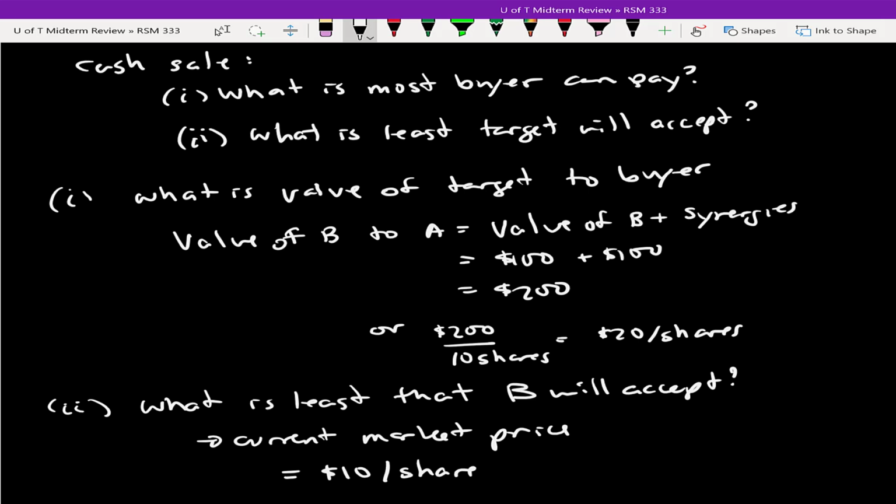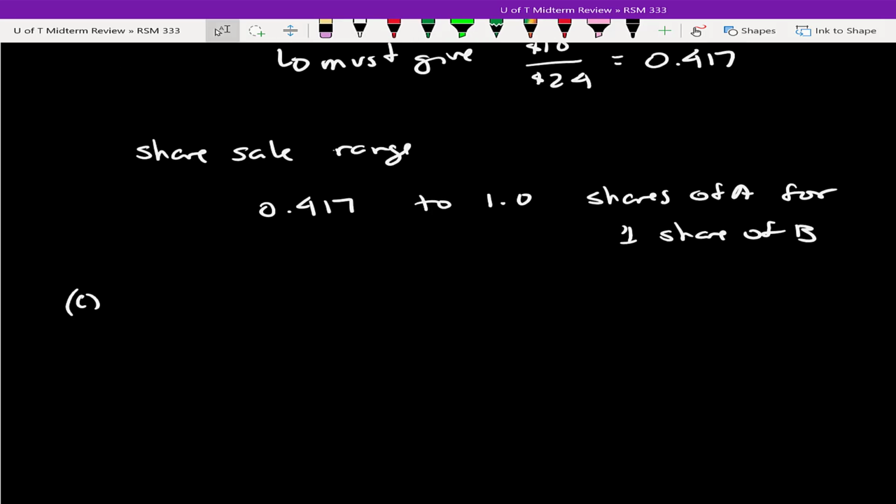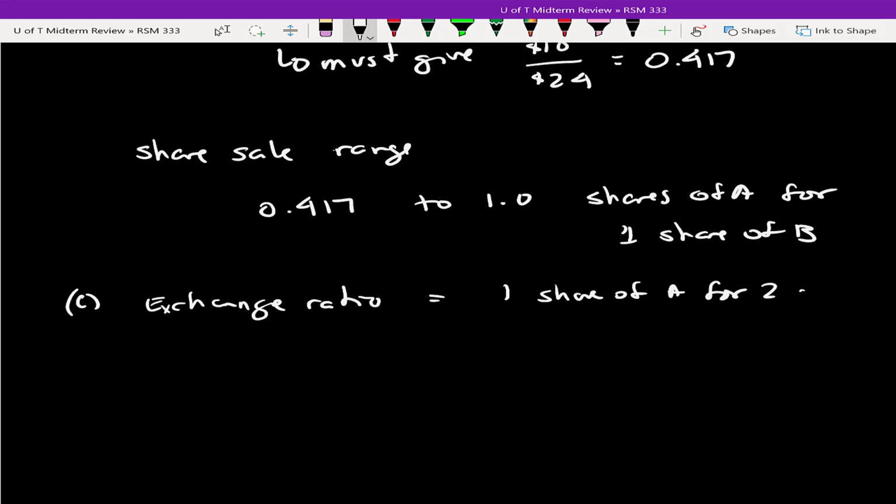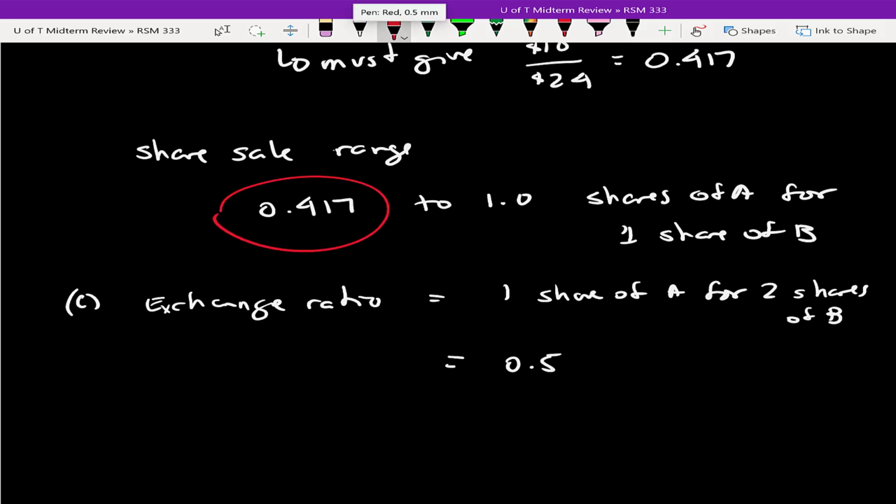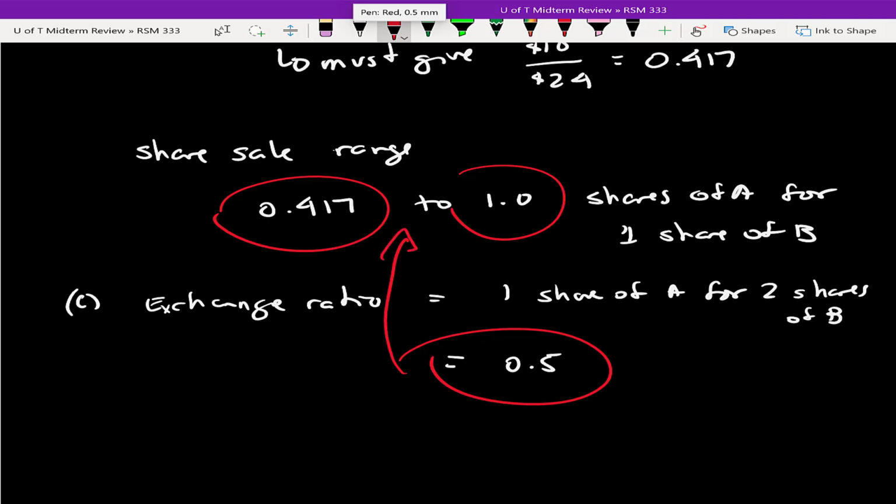So what they're saying here is that the exchange ratio is equal to 1 share of A for 2 shares of B, which is 0.5. And you can see that in this case, it fits right in the middle. So the answer is yes, a transaction would occur.